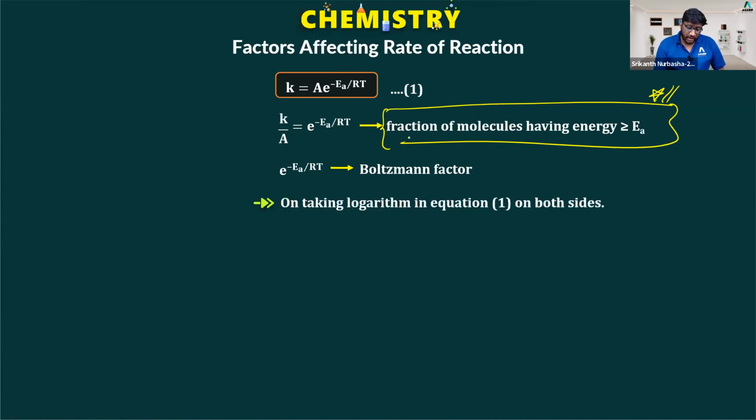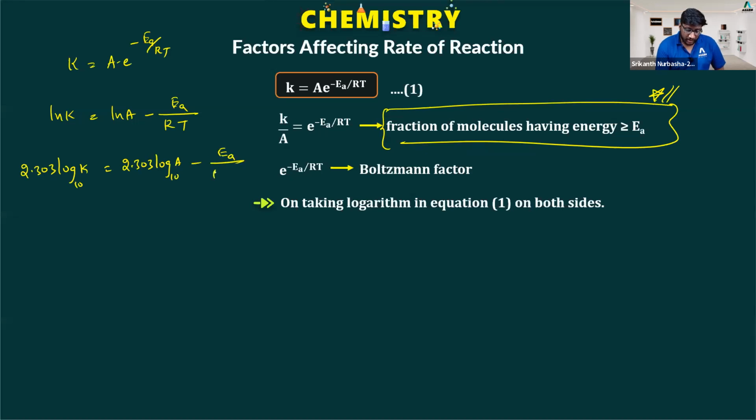On taking logarithm in equation 1, K is equal to A into e power minus Ea by RT. So you can take ln K is equal to ln A minus Ea by RT. You can convert this natural logarithm to log to the base 10. So 2.303 log K is equal to 2.303 log A minus Ea by RT.